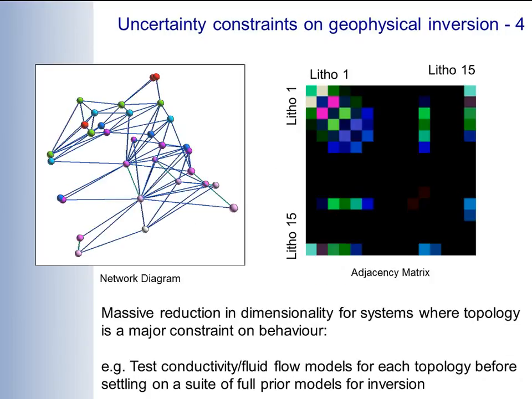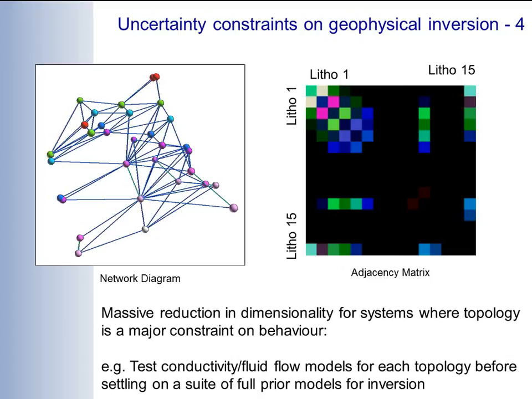The topology, for certain types of geophysical inversion or for certain types of observations, such as fluid flow for hydrogeology, the topological analysis is quite attractive because it results in a massive reduction in the dimensionality of the problem. Instead of having a model with maybe 100,000 voxels in it, we've got a model with maybe 30 balls and 30 joins. And you can calculate resistivity in a system like this in essentially 0 time on a modern computer.